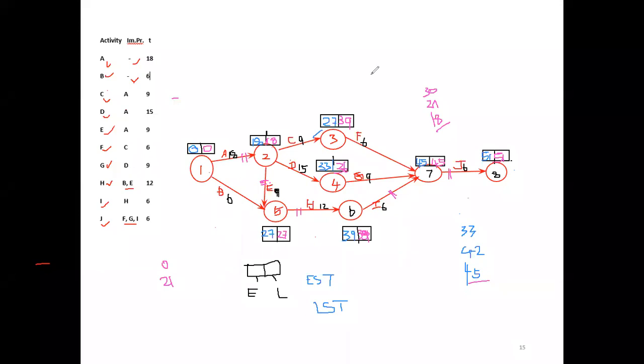Now, the critical path activities: A is critical, E is critical, H is critical, then I is critical, and J is critical. So through A, E, H, I, J, those are the critical path activities. So the critical path is A to E to H to I to J.